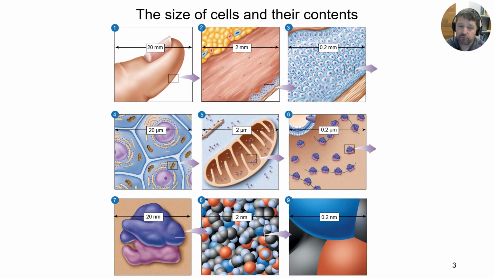And then you get into things like molecules, and then an atom. So we're going from nanometers to micrometers to millimeters, and today we're really talking about the micrometer area of visualization.